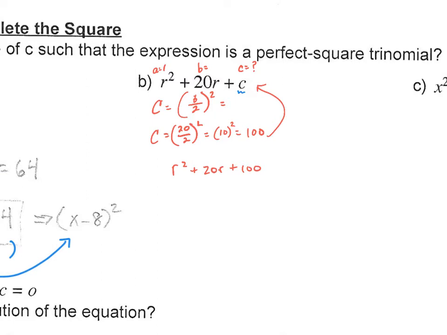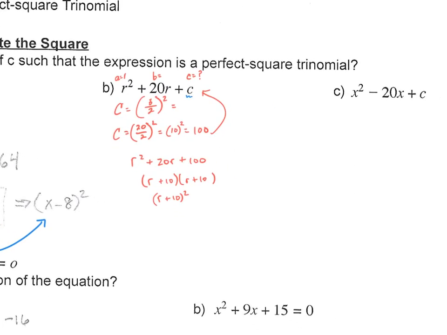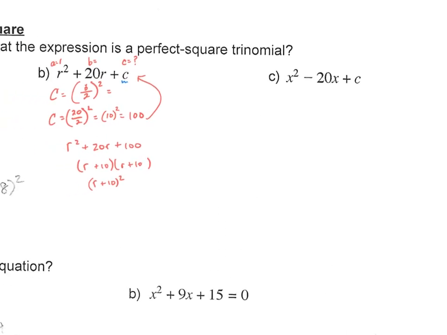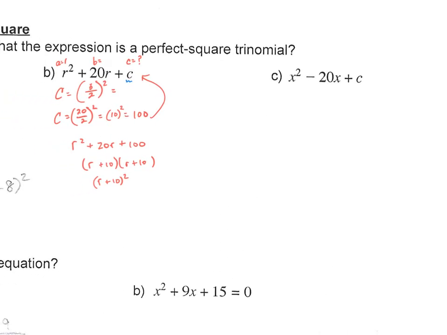And in doing so, you can factor that, and it's going to be r plus 10 times r plus 10, which is r plus 10 squared. So that's our goal, and of course, completing the square. And again, this last one says x squared minus 20x plus c.